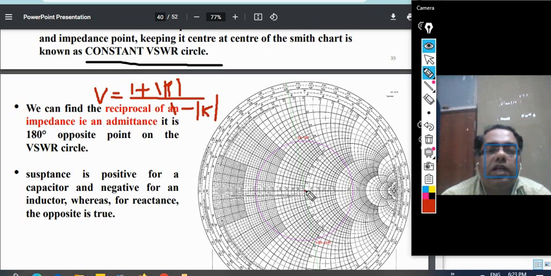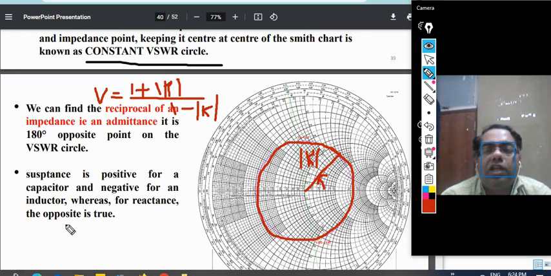From the center, this is the magnitude of the reflection coefficient, and this angle gives you the phase. VSWR means only the magnitude. So if we draw a circle from the center, the VSWR on this circle will remain the same, because the magnitude of gamma is the same. So this is called a constant VSWR circle.